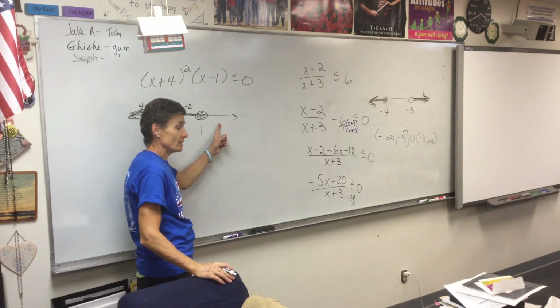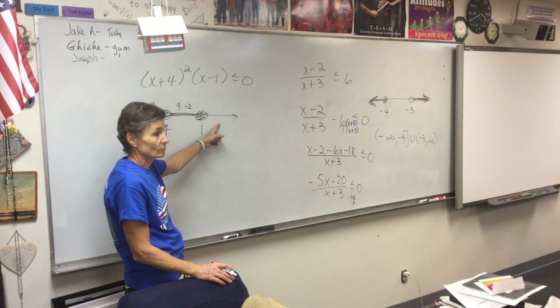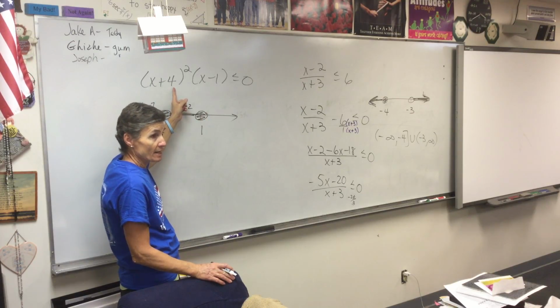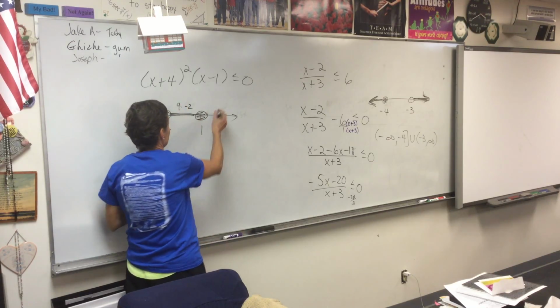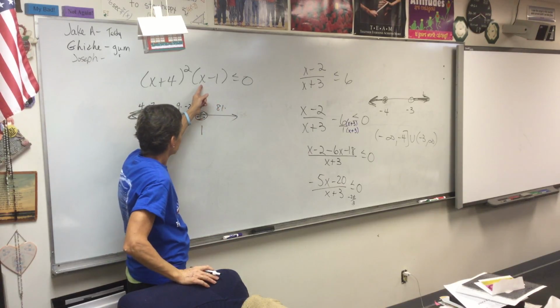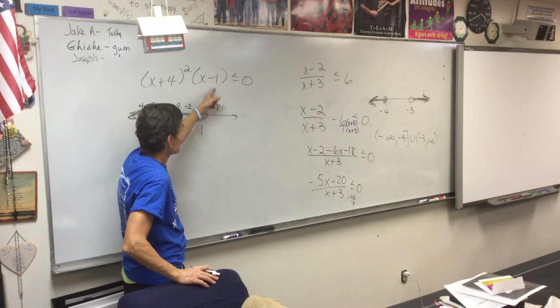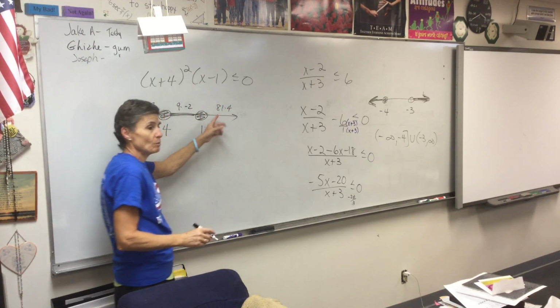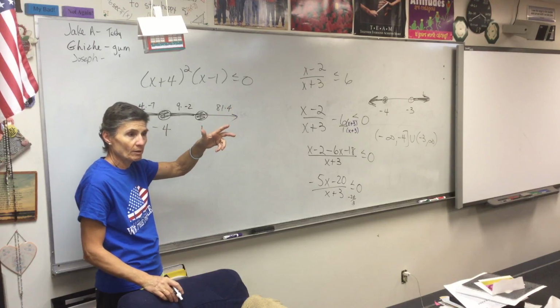Now pick a number out here, any number out here. 5. 5 plus 4 is 9, squared is 81. 5 minus 1 is 4. I don't know what 81 times 4 is, it's a big number.